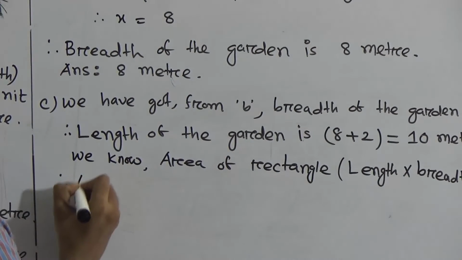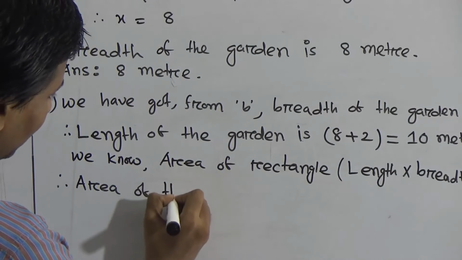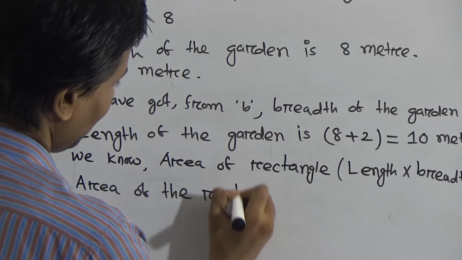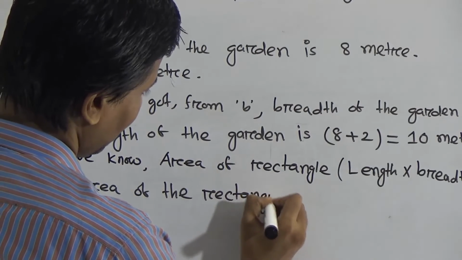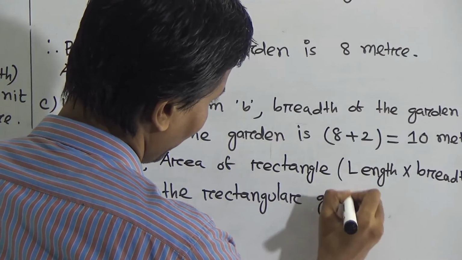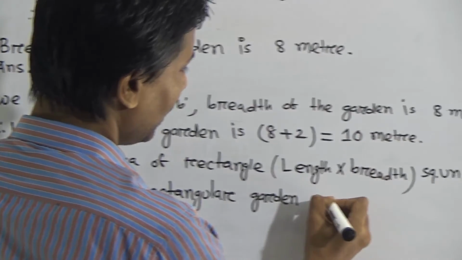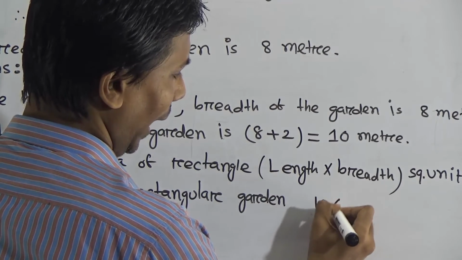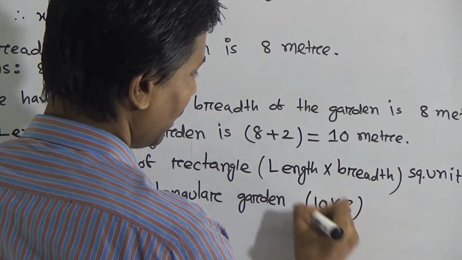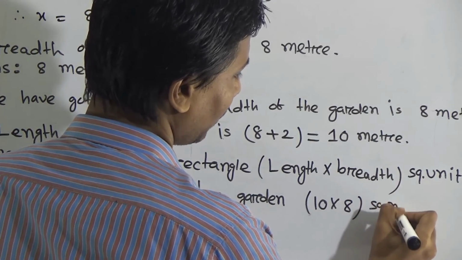Now, therefore write, area of the rectangular garden is what? Length is 10 meter and breadth is 8 meter, and its unit will be square meter.